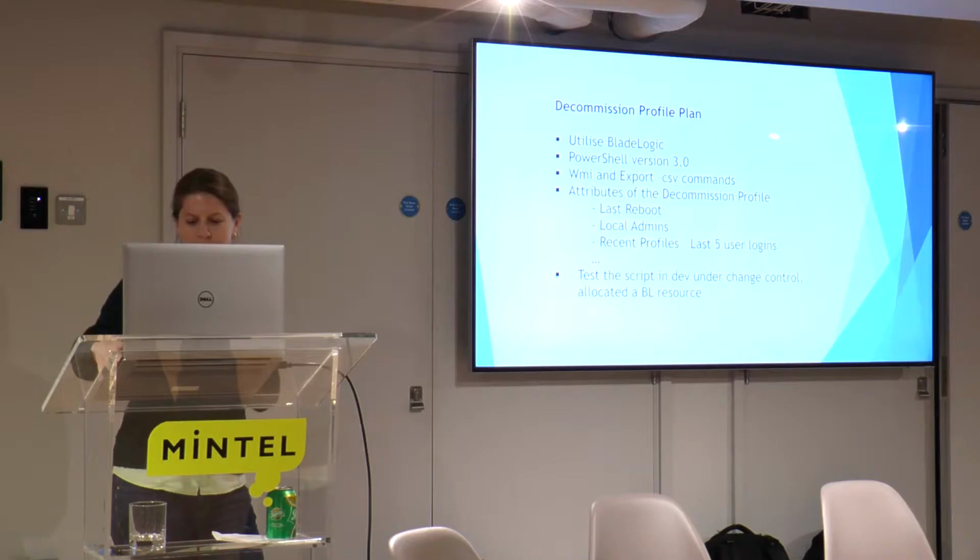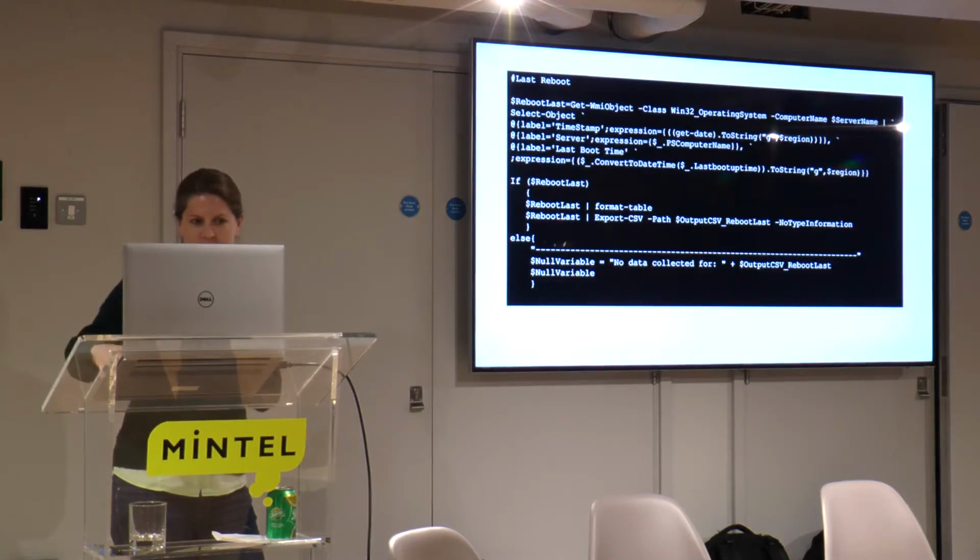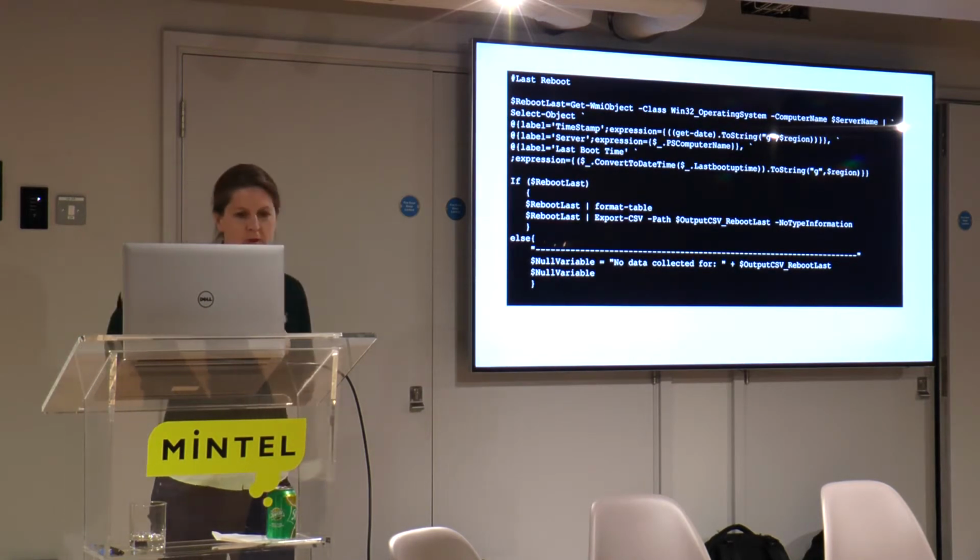I'm just going to show you briefly. I know people probably don't use PowerShell much, so I'm just going to quickly go over a little bit of the script. This is one of the attributes, which basically shows the last reboot. It's a WMI command, and then the Export-CSV piping.